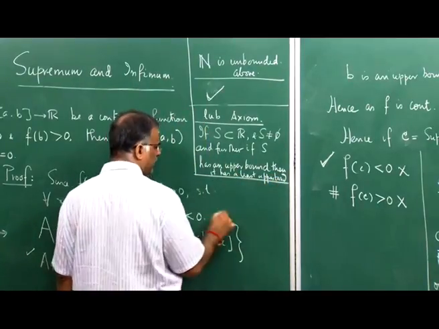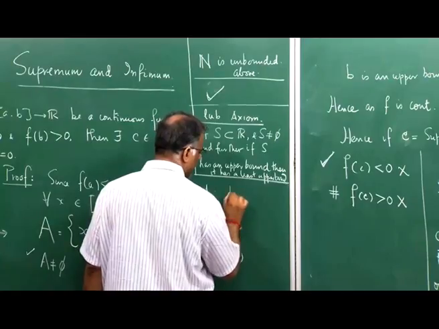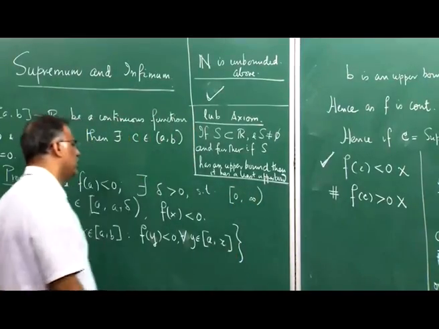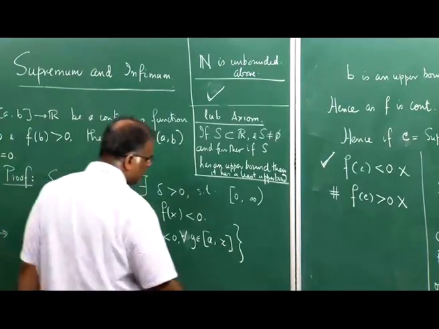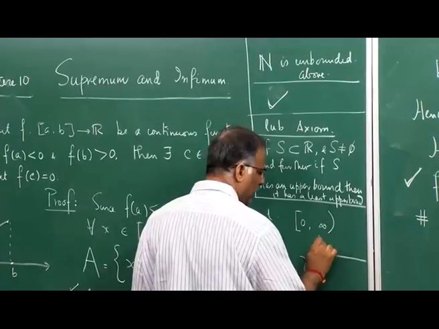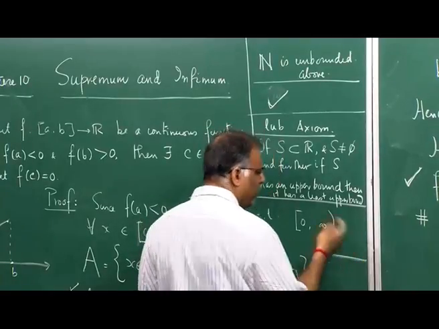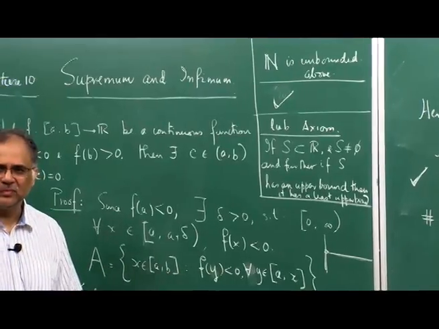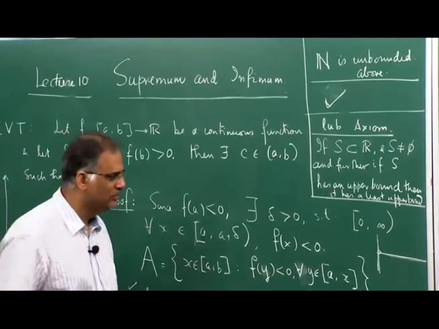See, the idea is that if you have a set like 0 to plus infinity, these one-sided sets are non-empty, but this does not have an upper bound. So there is no question of a finite real number which can act as an LUB, right.